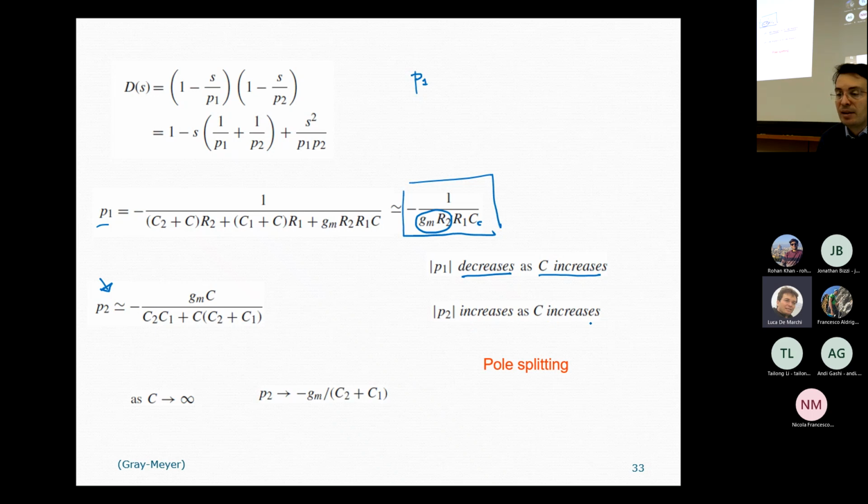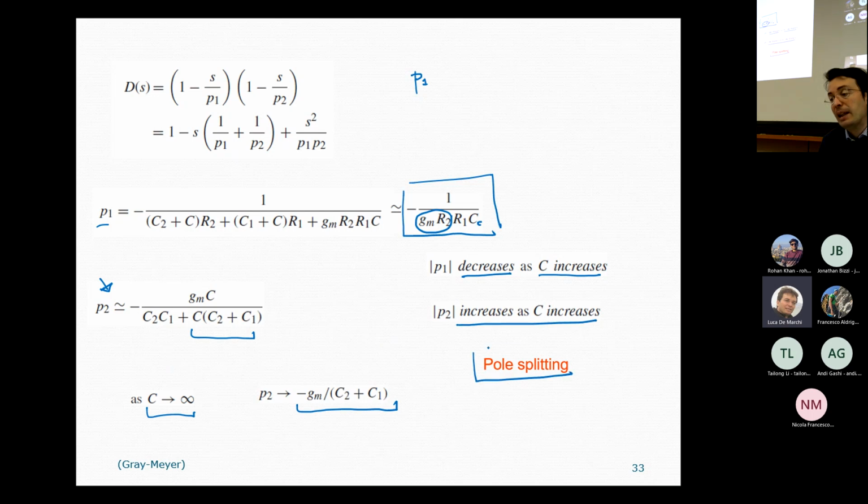In particular, when C goes to infinity, P2 is equal to minus Gm over C2 plus C1, because basically this term here becomes more relevant than this one, and then we can simplify this C with this C. This phenomenon here is called pole splitting.